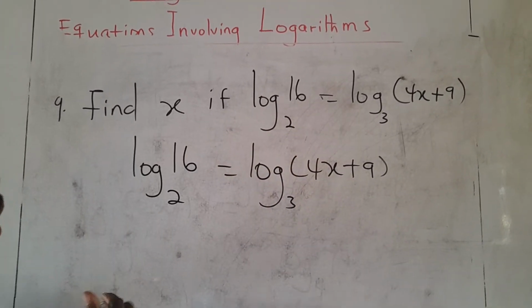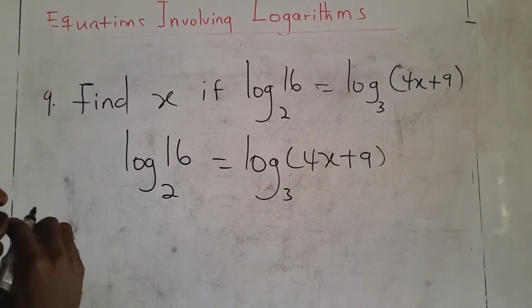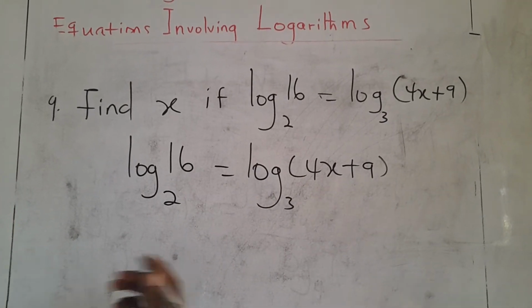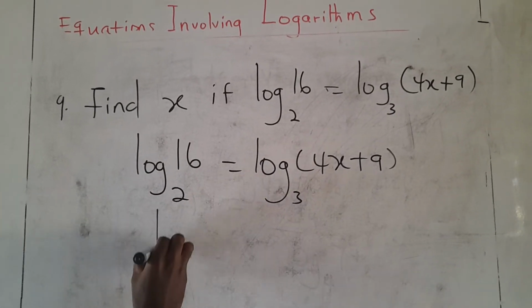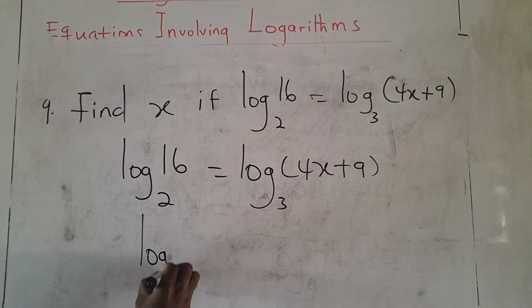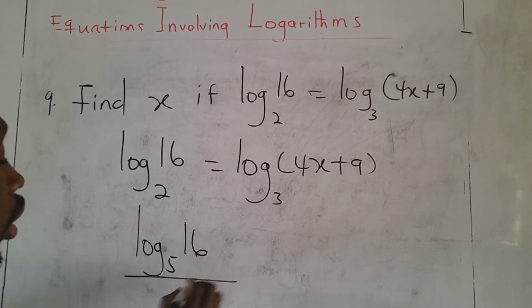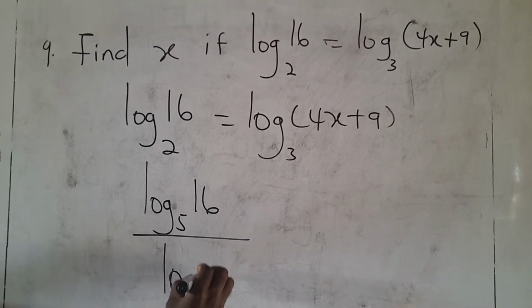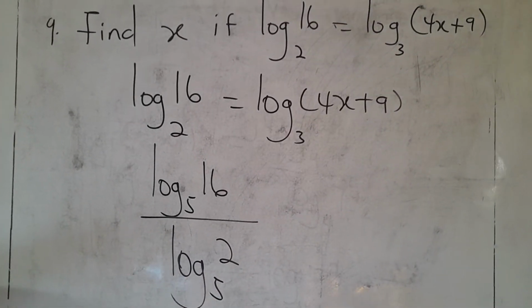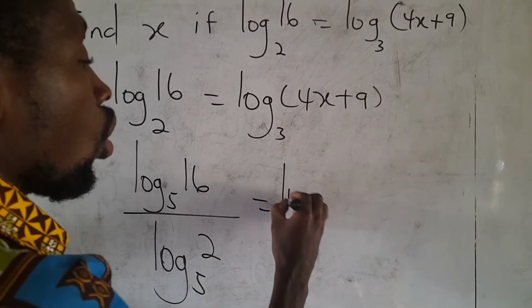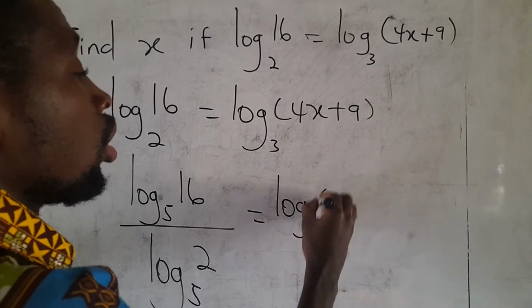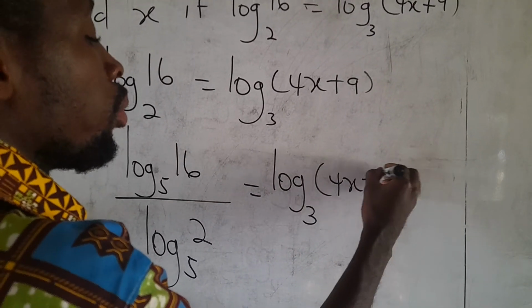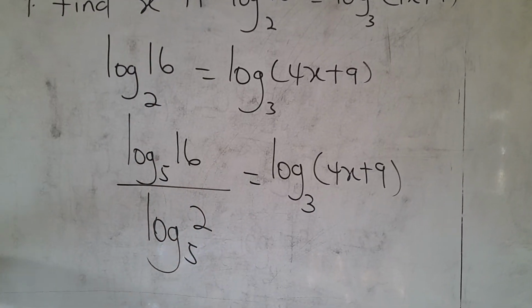I want to do it for this side, so I want to introduce a log of base, maybe 5. So I'll have log 16 base 5. Remember the change of base, over log 2 base 5. And it will be equal to log 4x plus 9 base 3.